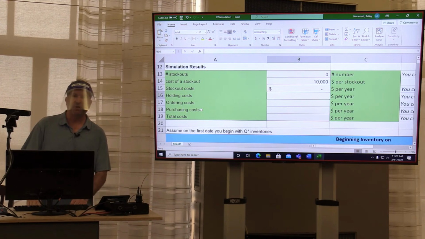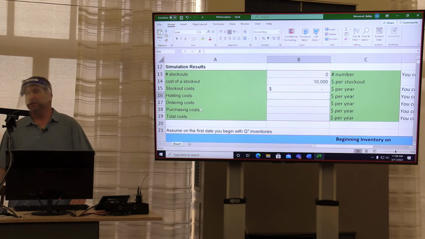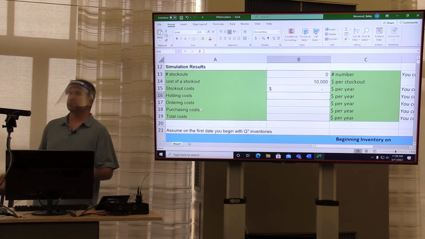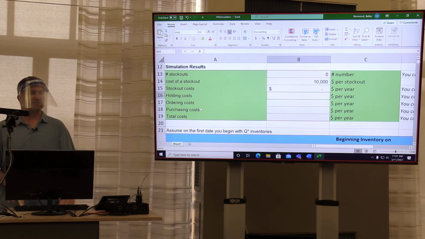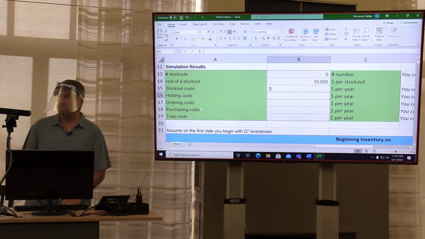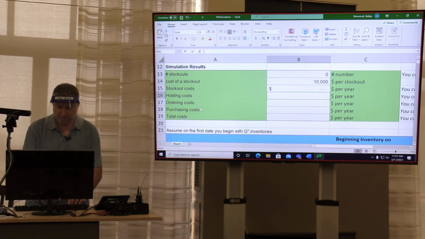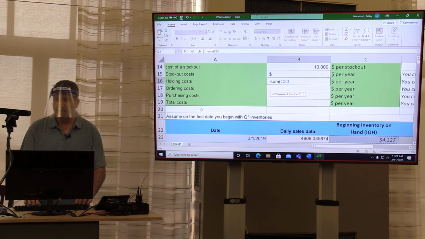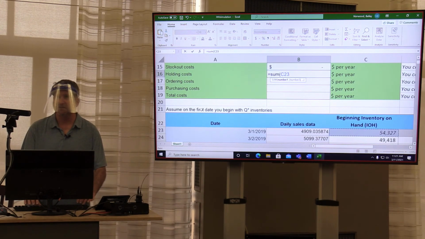You probably won't remember that a good estimate of the amount in inventory all year round is the reorder point Q star divided by 2. But we do know a couple things. We know that we can sum the total amount of inventory we had over all days.